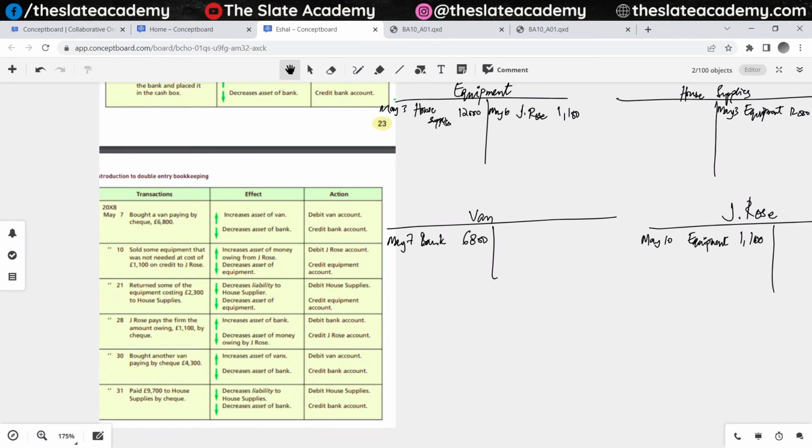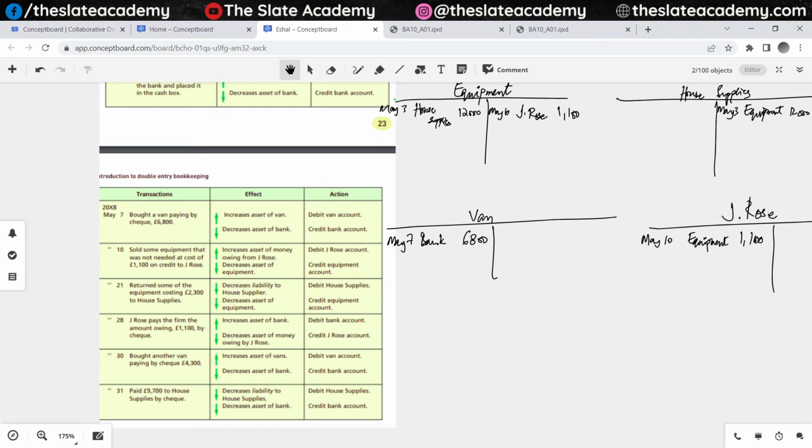Not only that, we sold some extra equipment to J Rose. We also returned some of the equipment to house supplies. When we bought this equipment on credit, the asset increased as well as the liability.